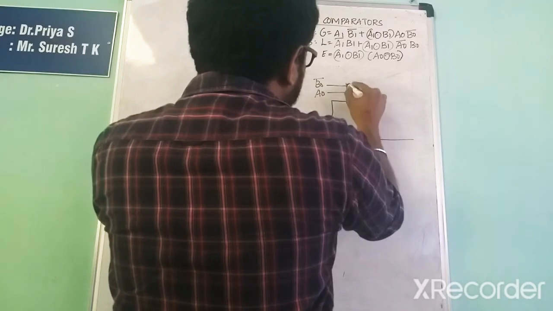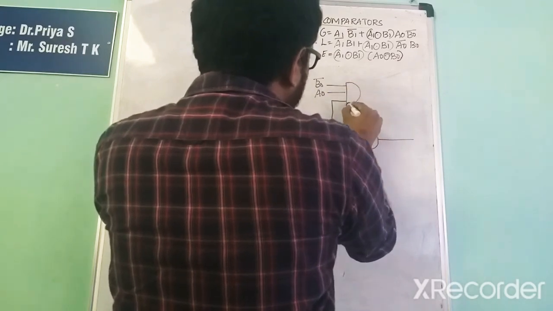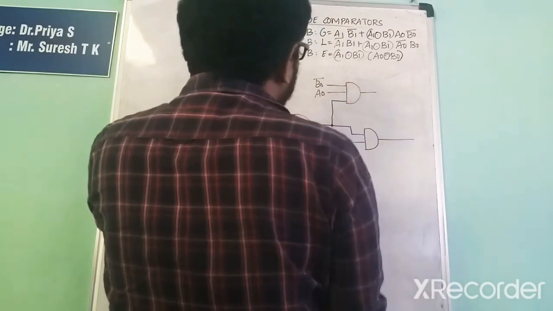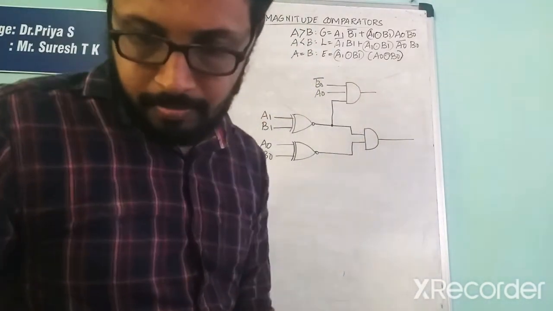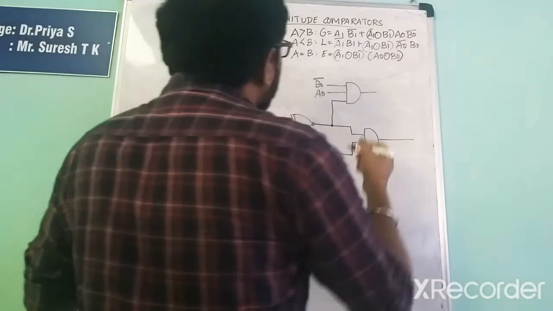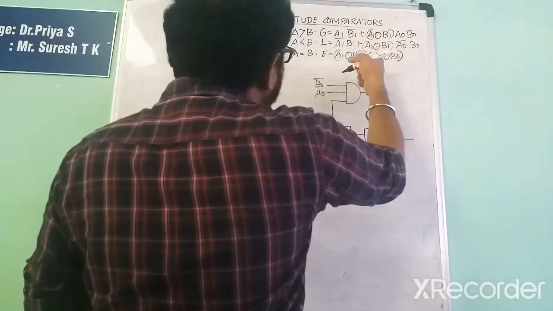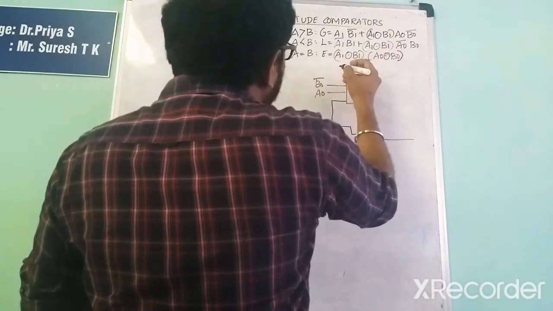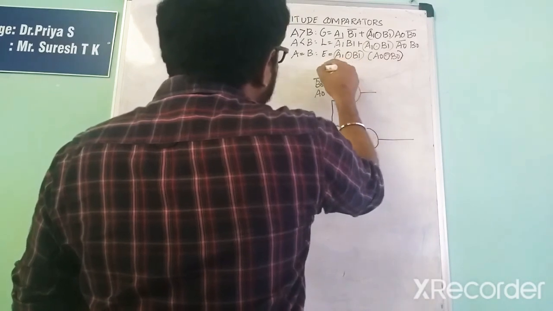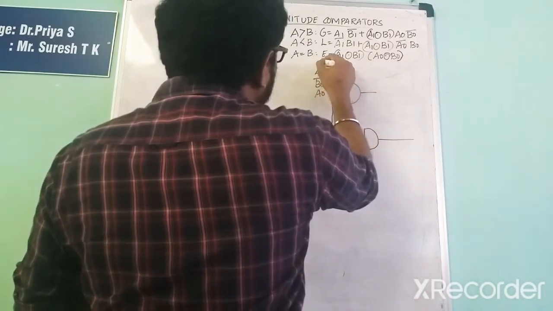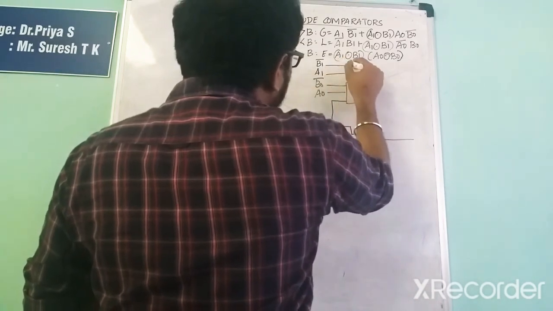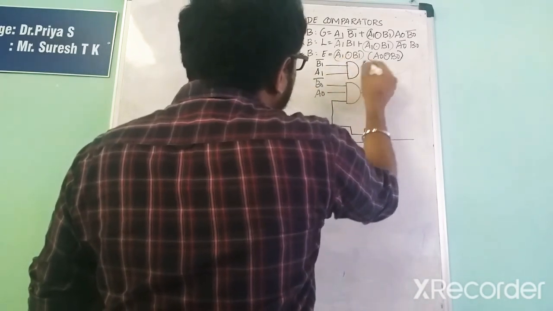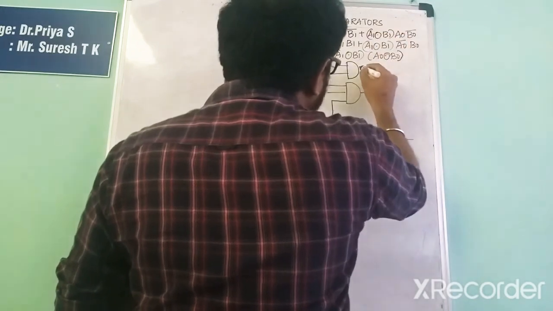All these cases are OR. Now we have A1 and B1 bar, that is also an AND operation, and both these cases are OR.